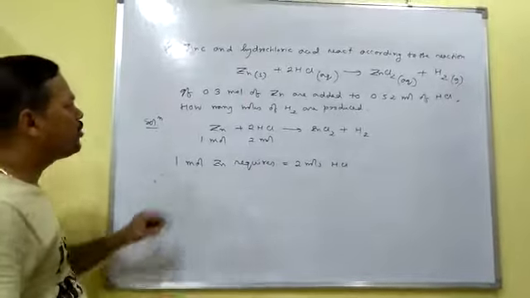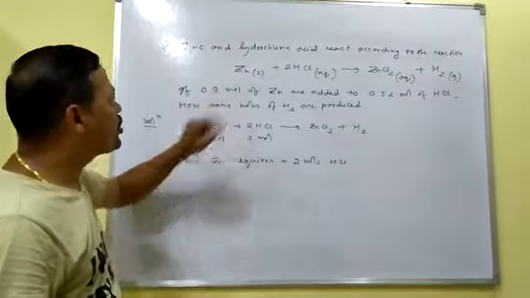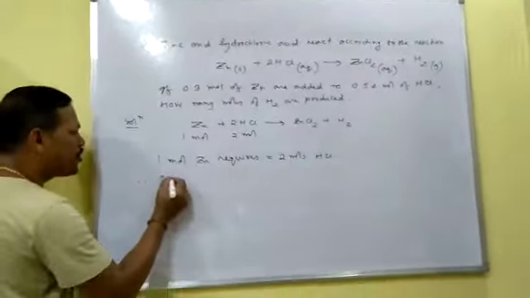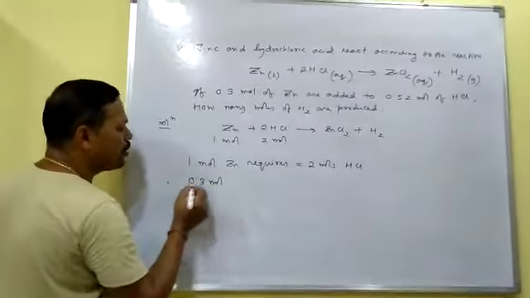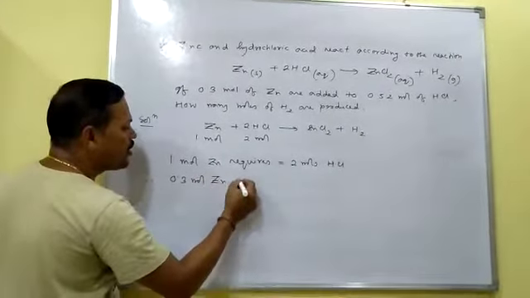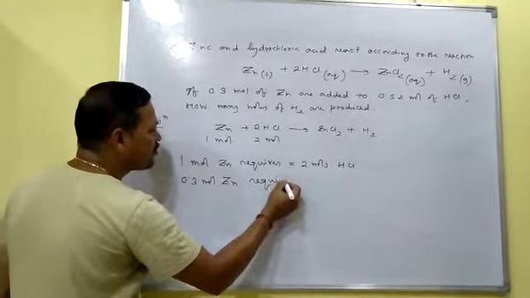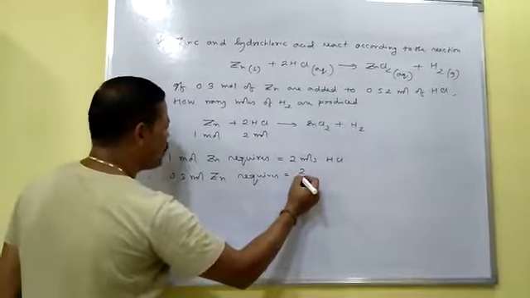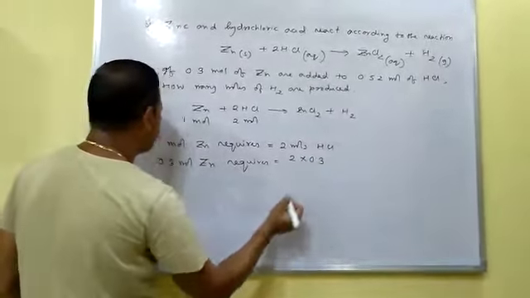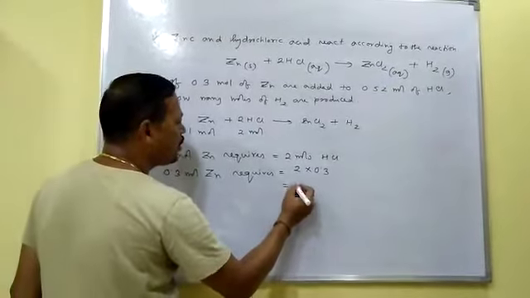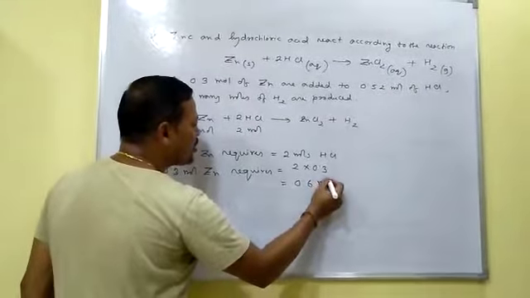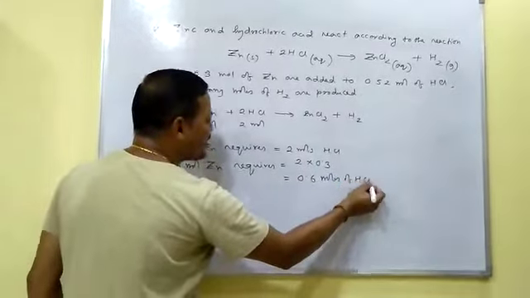Therefore, in the question how many moles are given? 0.3 mole zinc is given. So for 0.3 mole we will find out how much is required. 0.3 mole zinc requires 2 into 0.3 moles. You will get 0.6 moles of HCl.